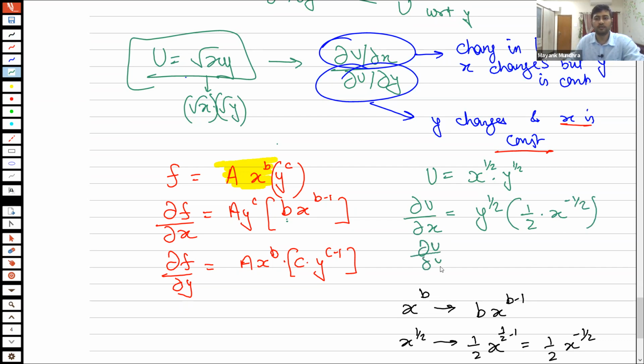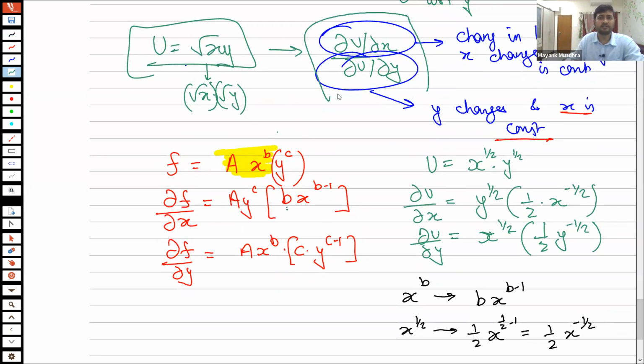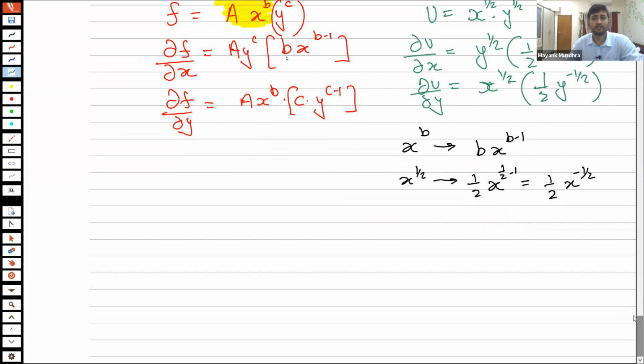And similarly, del u by del y would become x to power half into half into y to power minus half. Since it's symmetric, you can just write the symmetric result. And the final MRS is when you divide these two things. So when you divide, the half cancels out, and what you're left with is y to power half into x to power minus half upon x to power half into y to power minus half.